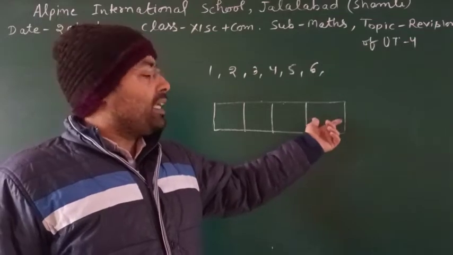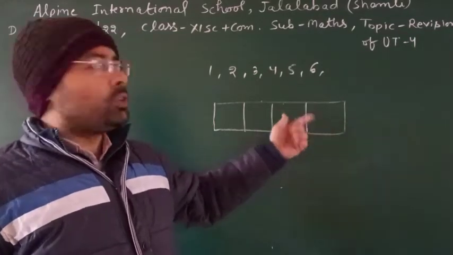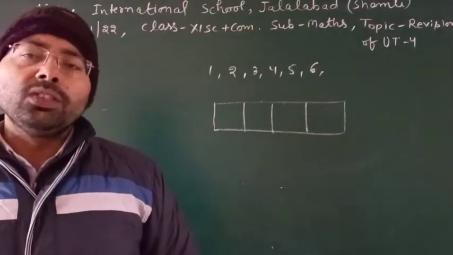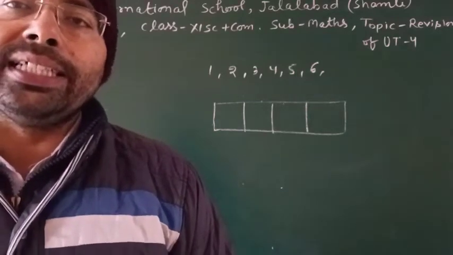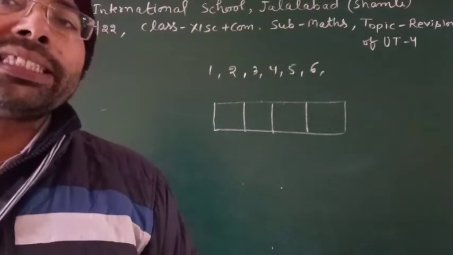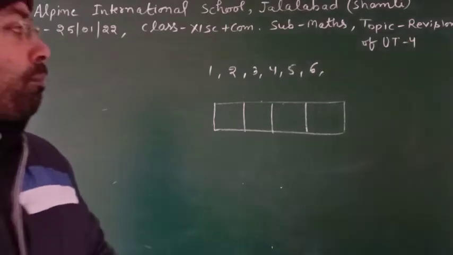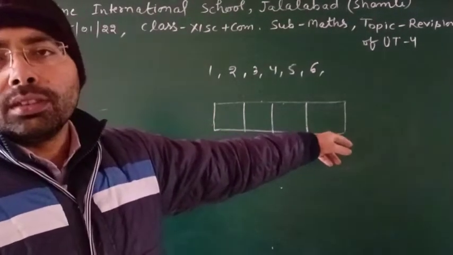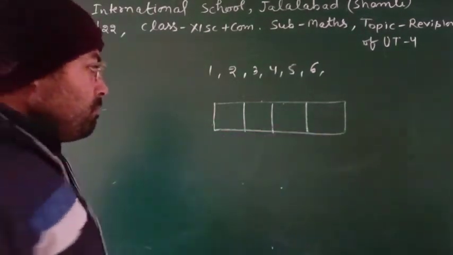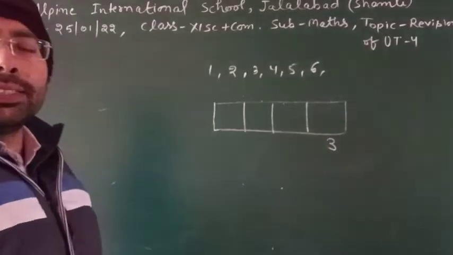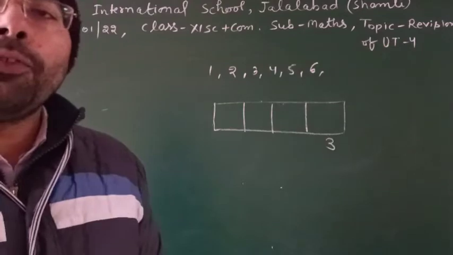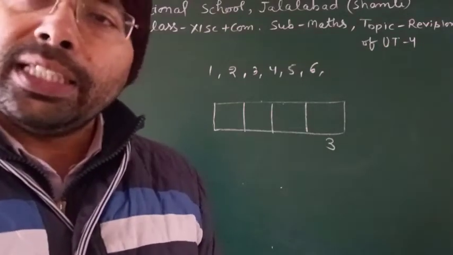So this place can be filled up by 2, 4 and 6. So we have these 3 digits. By these 3 digits we can fill up the last box, the last place. So the last place can be filled up in 3 ways, maybe 2, maybe 4 and maybe 6 here.